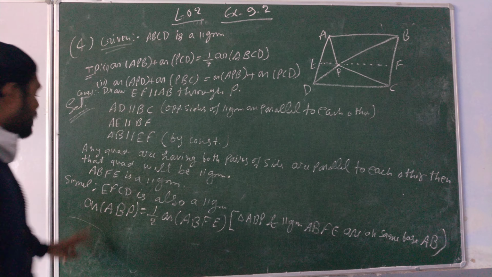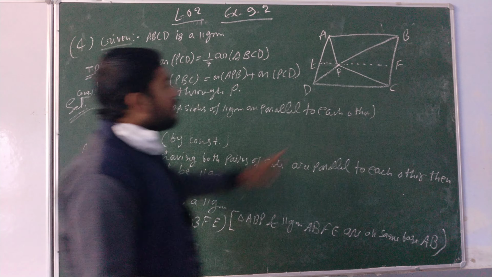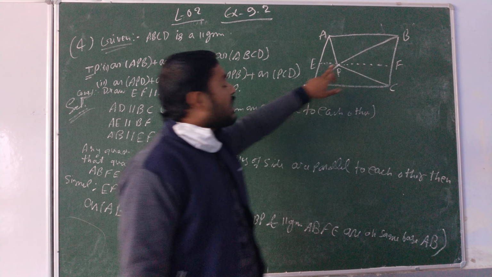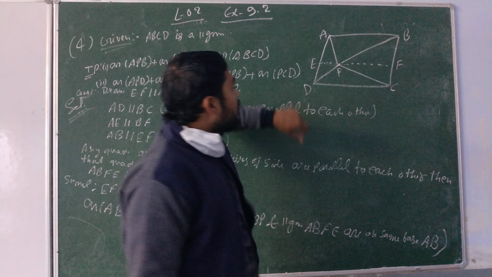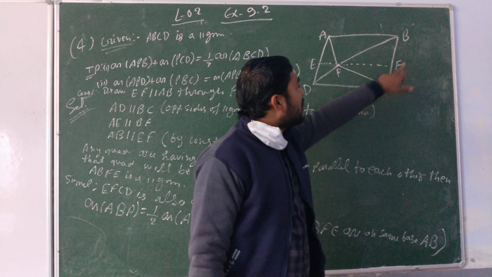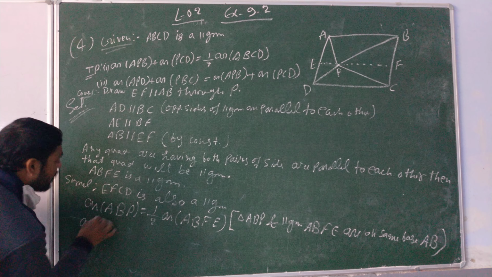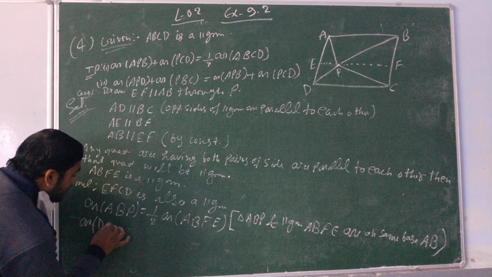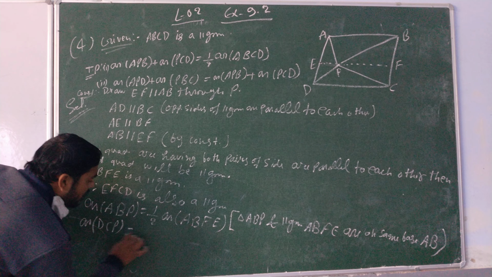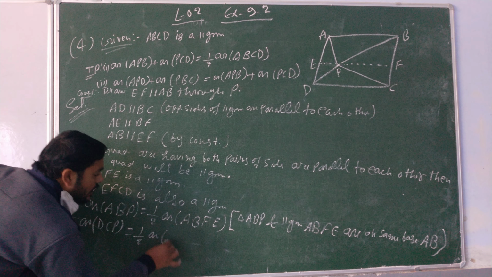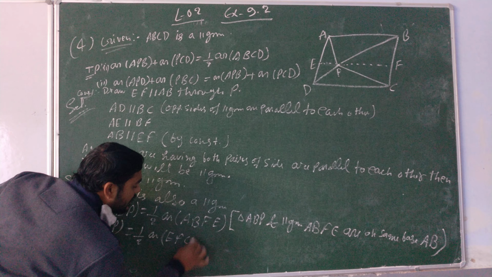AB. Now for the lower part we can say that the area of triangle CPD is equal to half of the area of parallelogram EFCD.